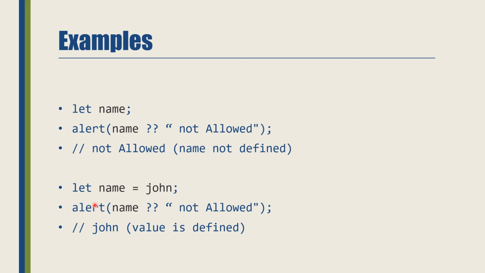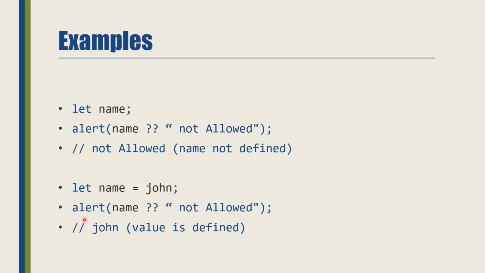And you are giving an alert on the browser for name. If the name is defined, then the output will be name, and if the name is not defined, then the output will be "not allowed". In this case name is defined and it is John, so the output will be John and the value is defined.